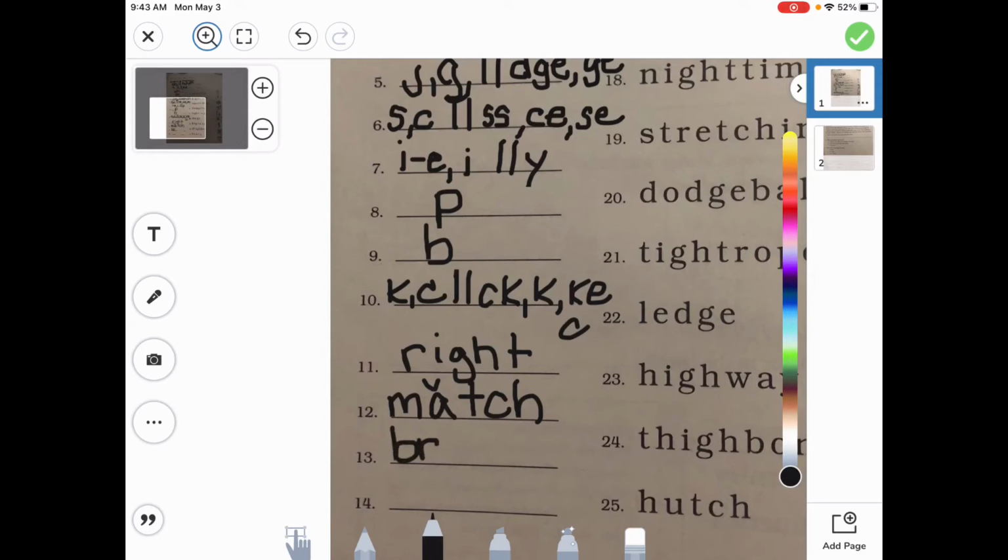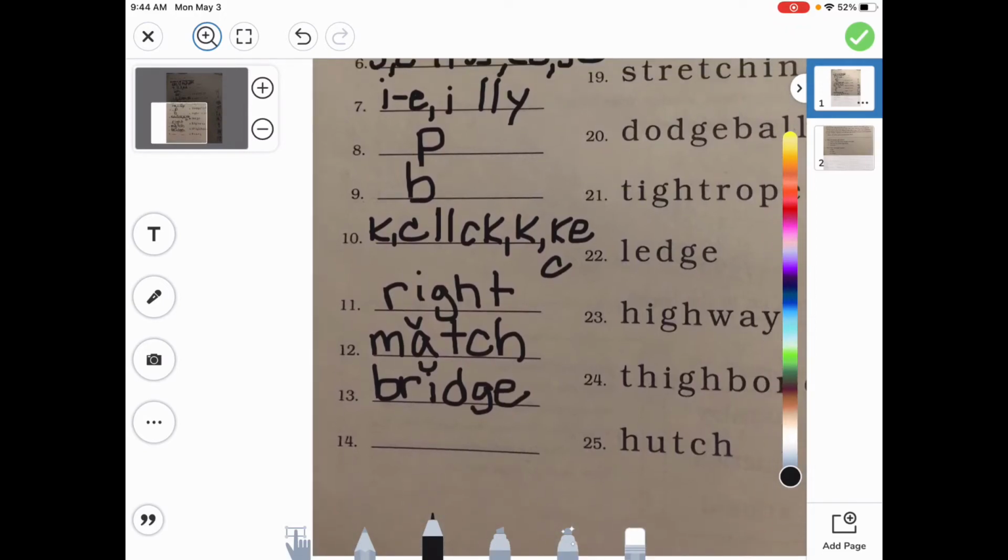Then I, and then J. It's after a short vowel, so DGE. Light. Well, we know this one because this is our picture card for this trigraph. It's L, then IGH, and then T at the end. Light.